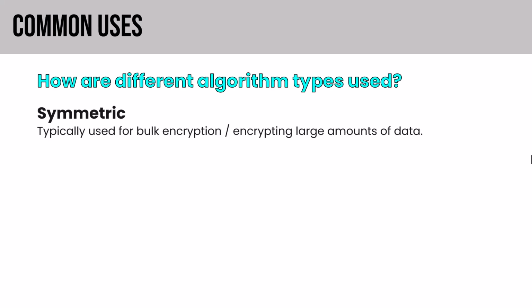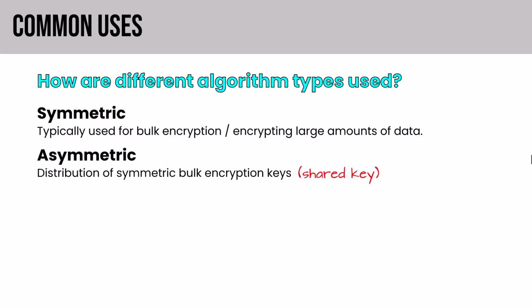Well, symmetric is typically used for bulk encryption, encrypting large amounts of data because it can do so very fast with that single shared key. Asymmetric encryption is used for distribution of symmetric bulk encryption keys, that shared key we talked about.